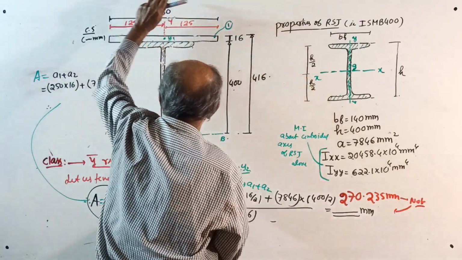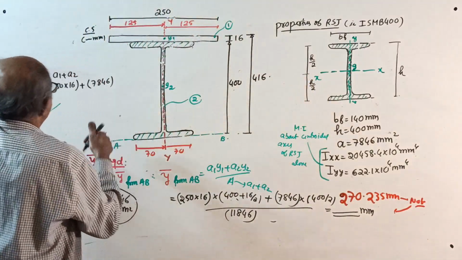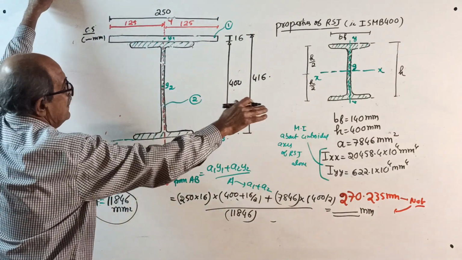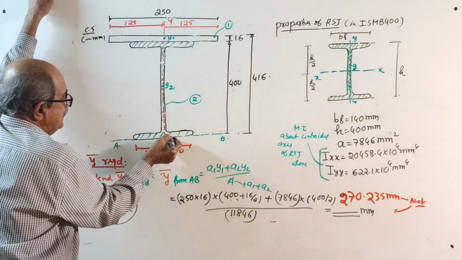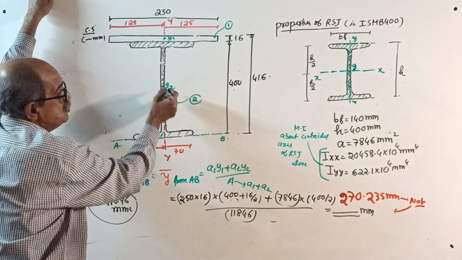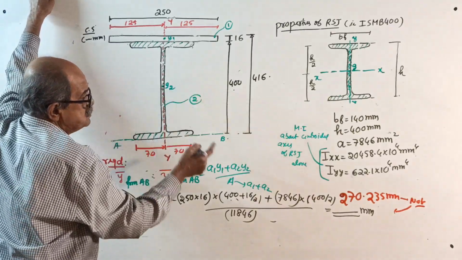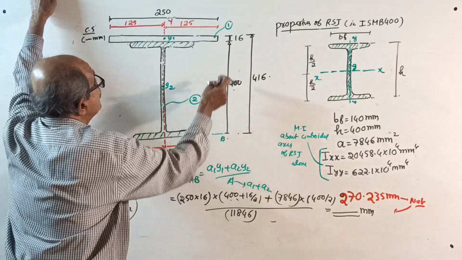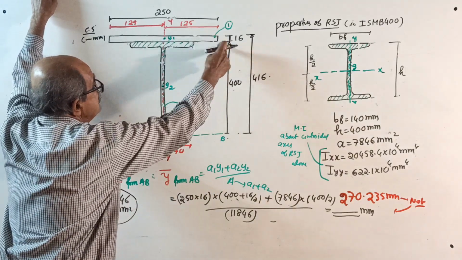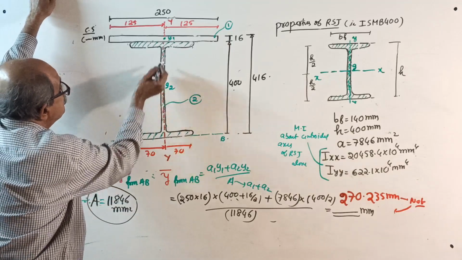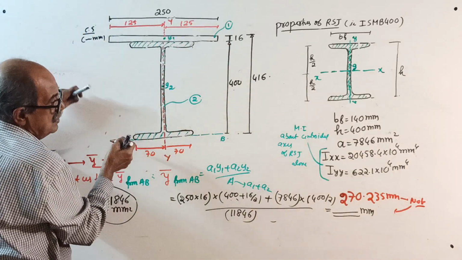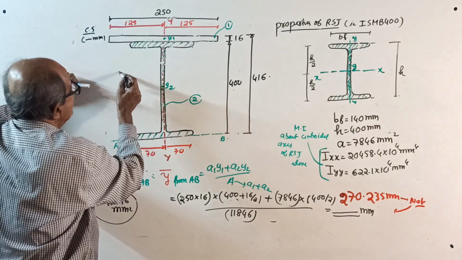Go back and locate the x-axis. How? From here to the centroid G2 is half of 400, which is 200. But from here to the extreme bottom edge is 400. So above this point, how much more? 270. This is 200.